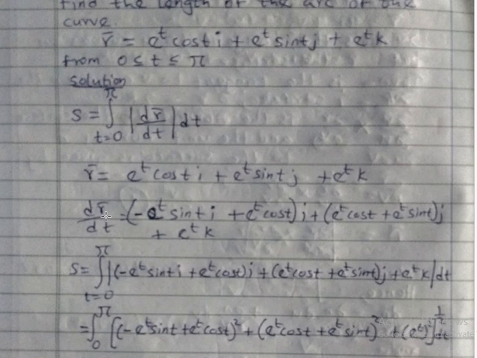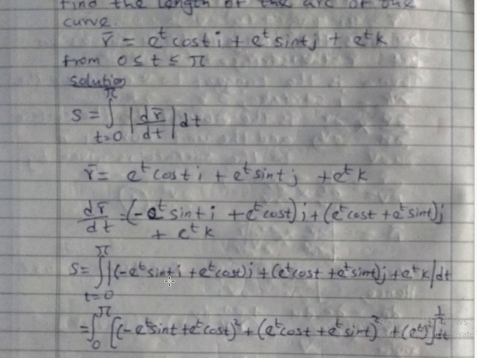Next, we find the modulus of dr dt, and we integrate it with respect to t from 0 to pi. And the modulus is given by the square root of the square of negative exponential of t sine of t plus exponential of t cosine of t.